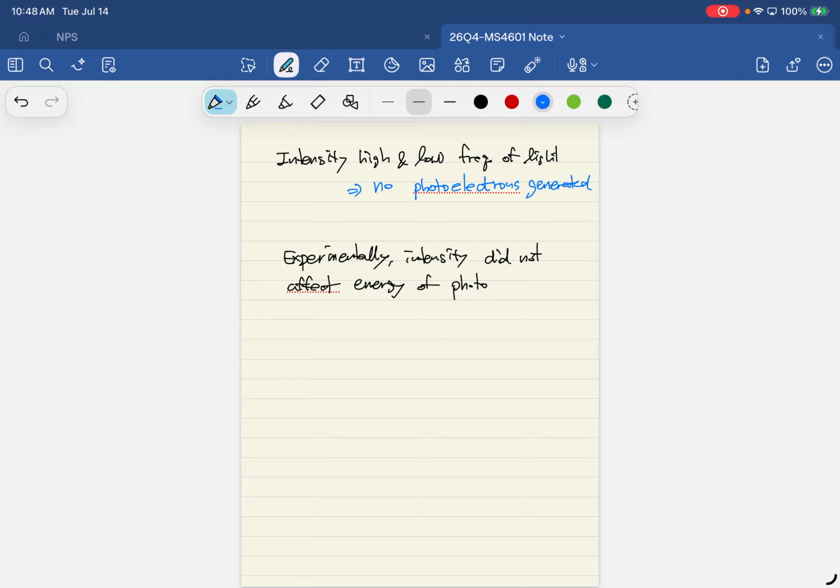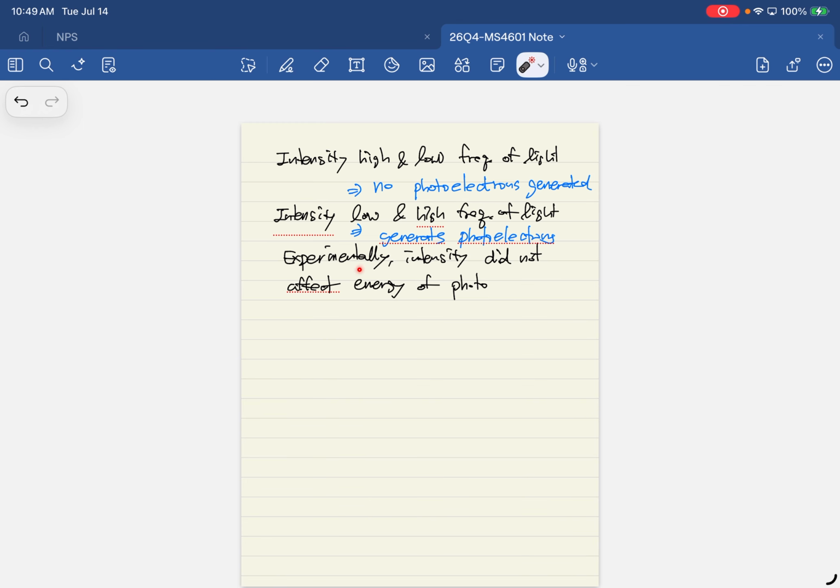Even though the intensity was low, when they used a high frequency of electromagnetic wave, they generated photoelectrons. I'll write it down too: intensity low, but when they use a high frequency of light, somehow they generate photoelectrons.